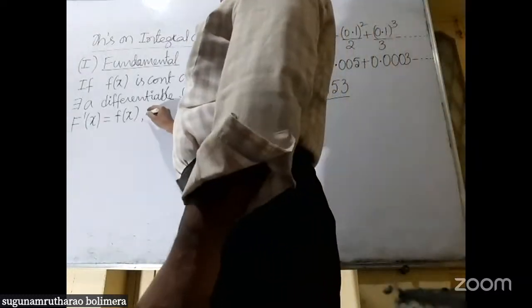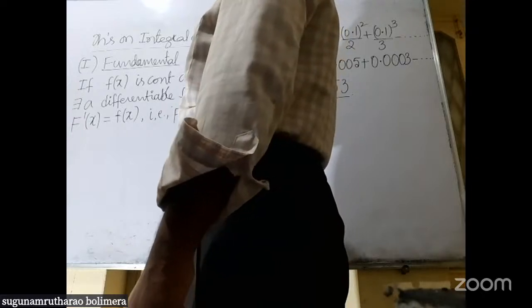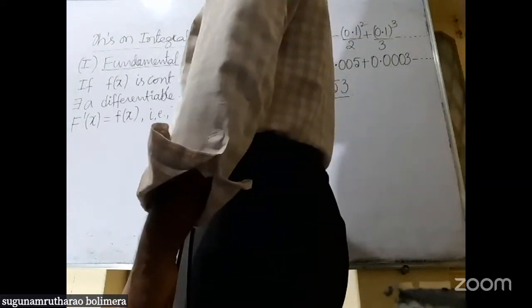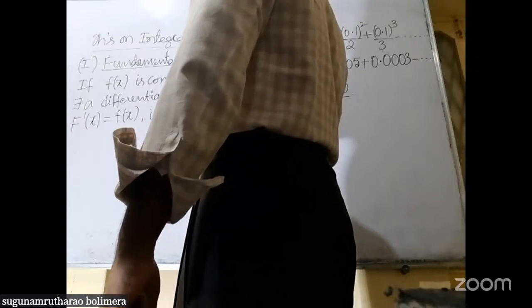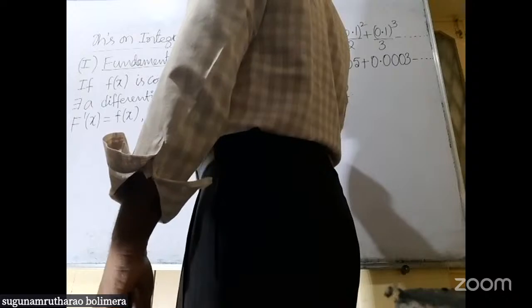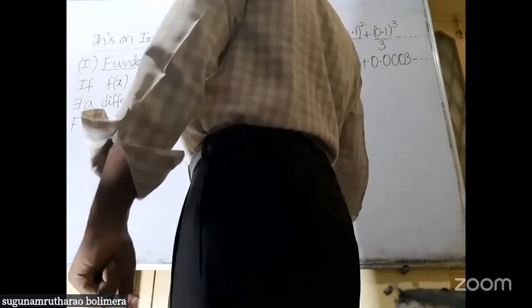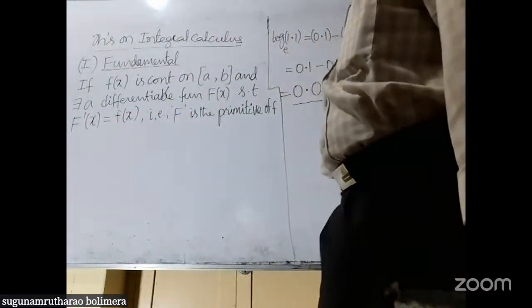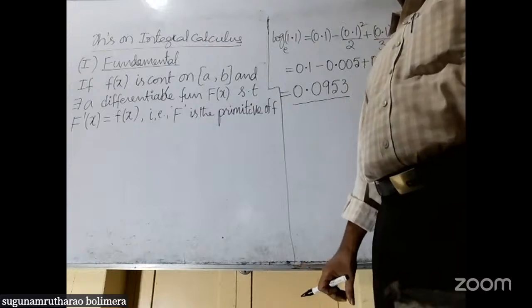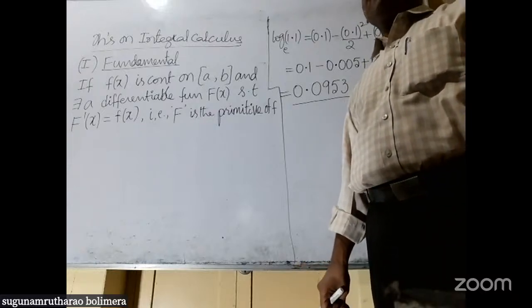That is, capital F is the primitive of small f.